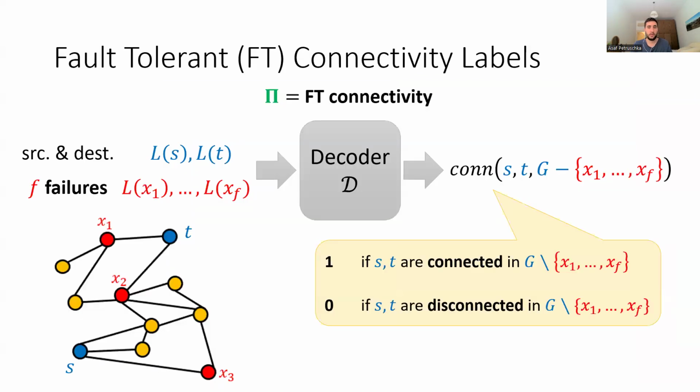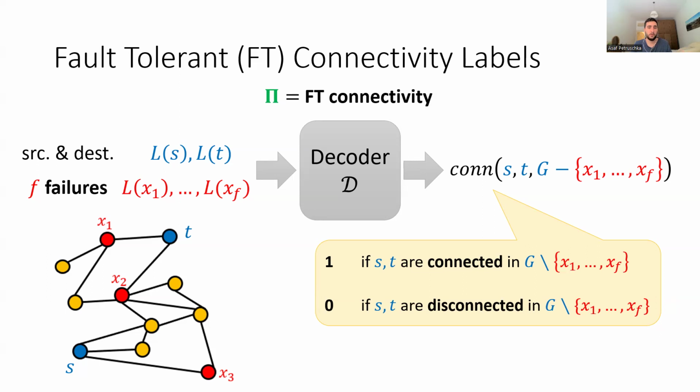So after this general introduction, I'll now explain the specific labeling problem that we care about, which is fault-tolerant connectivity labels. So here the goal is to answer queries of the following form. Given a source vertex S and a destination vertex T, along with F vertices x1 up to xf, which are considered faulty, are S and T connected by some path that avoids the failures.